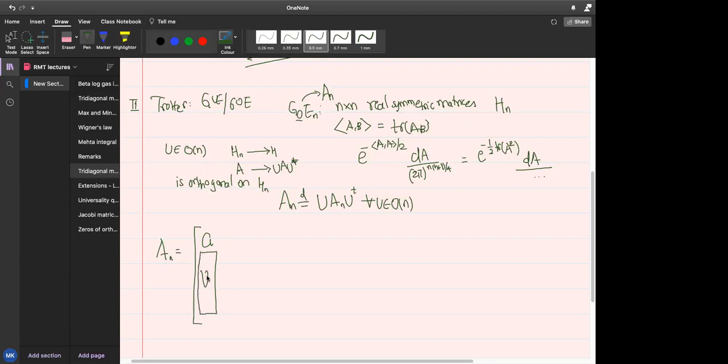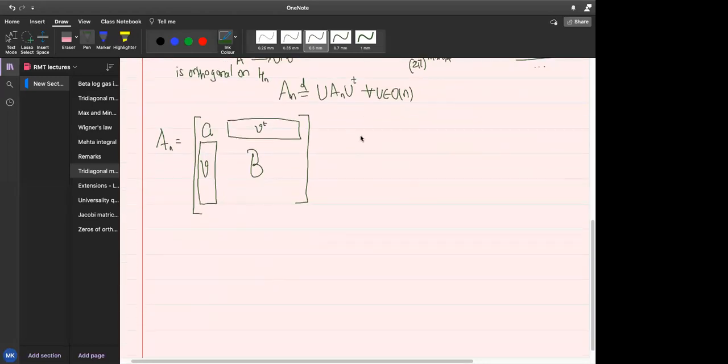Let's call it V. So what we have here by symmetry is V transpose. And let's say we write this B here. So this is an n cross n matrix, so B is an n-1 cross n-1 matrix. So suppose you write A like this.